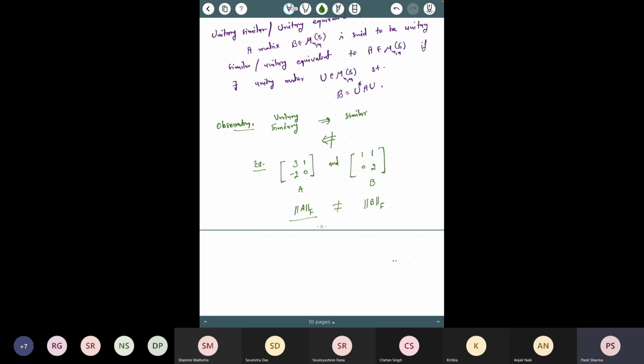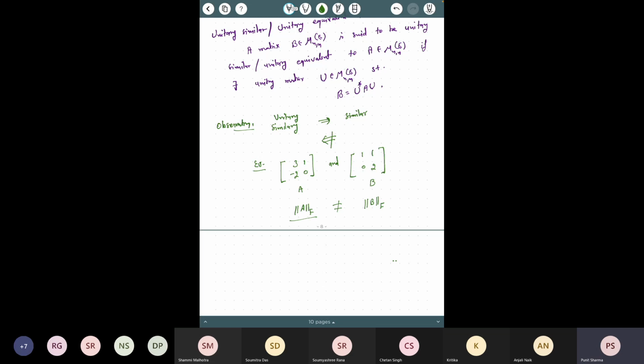Now, before I move further, I forgot to ask you at the beginning: when we say that two matrices are similar, what do we mean by this?